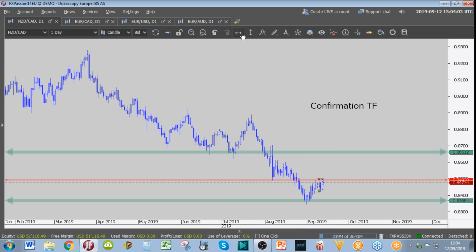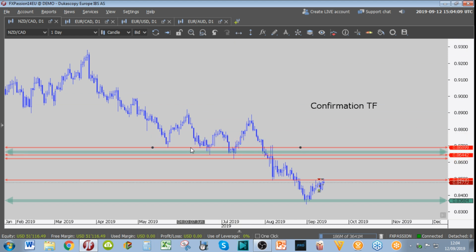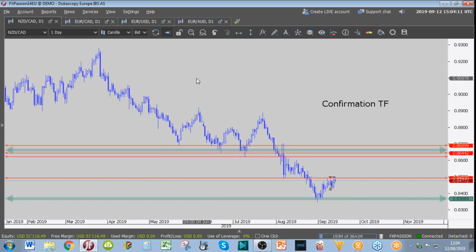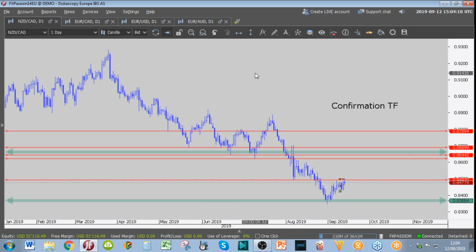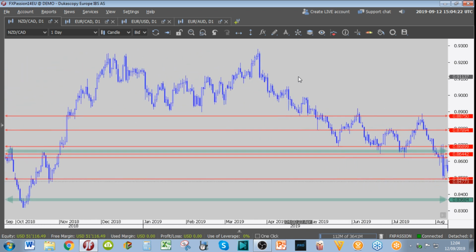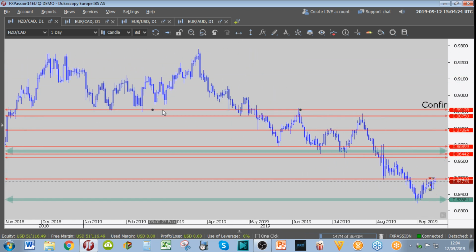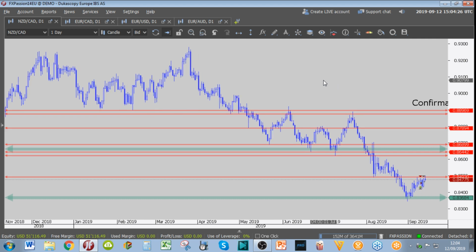So past support 1, past support 2, past support 3, past support 4. It's not past support, everyone, it's resistance. Past resistance 5, 6, 7, okay, one more. There you go.